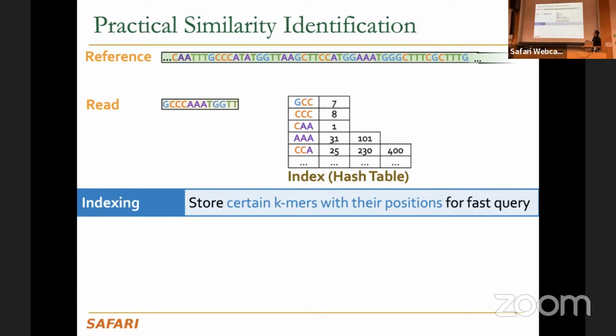When you see a certain subsequence, you store it as a key in the hash table, and then you store its position as a value. So when you query this hash table with a subsequence, what you get as an answer is a list of positions where this subsequence appears in the reference genome. Or if it doesn't appear, you get a no response.